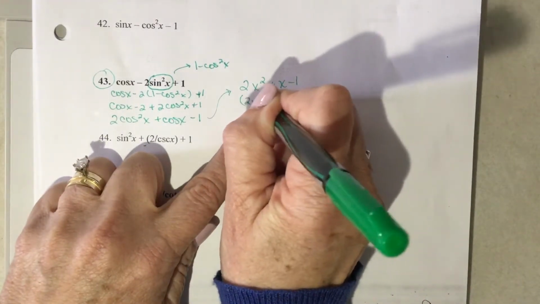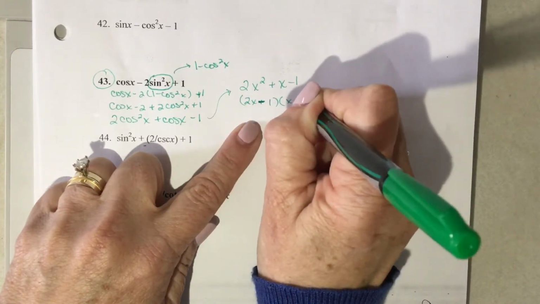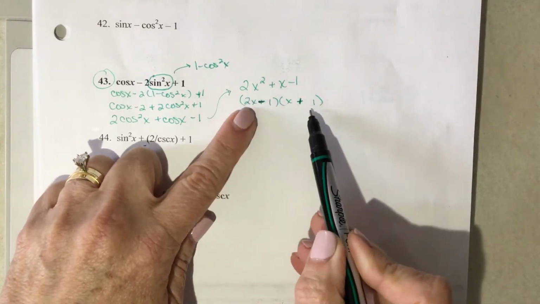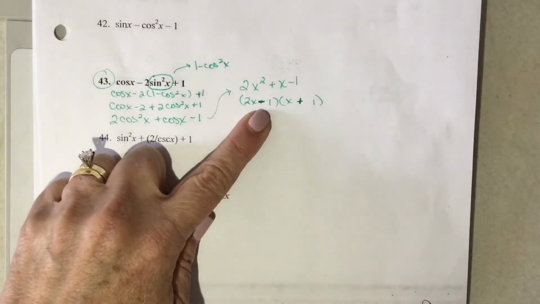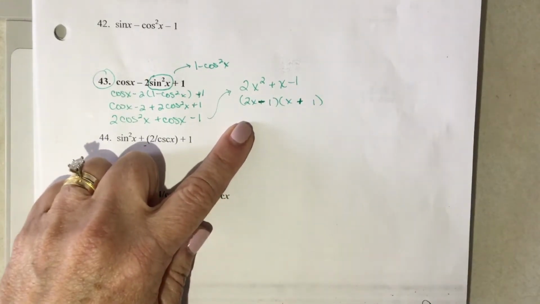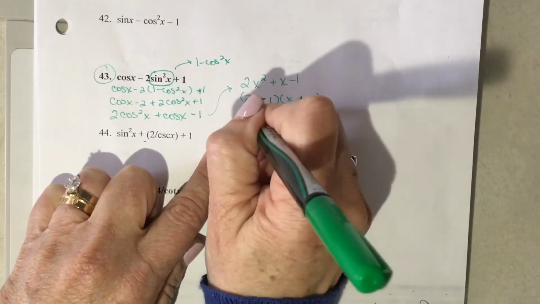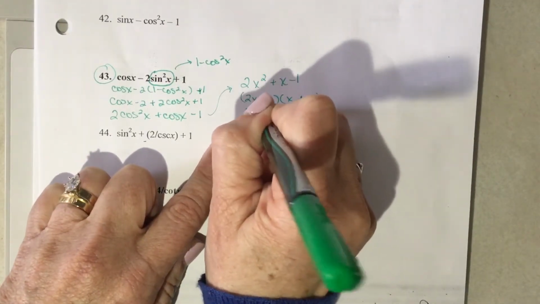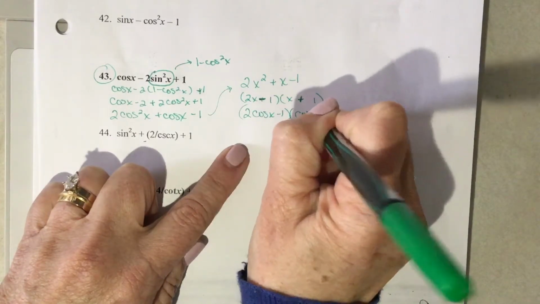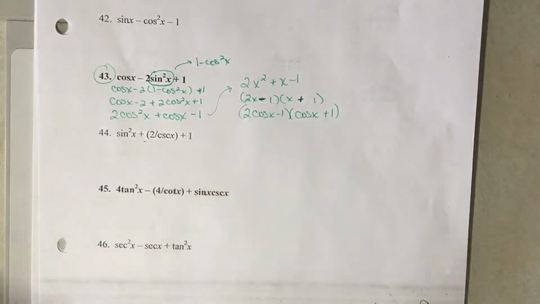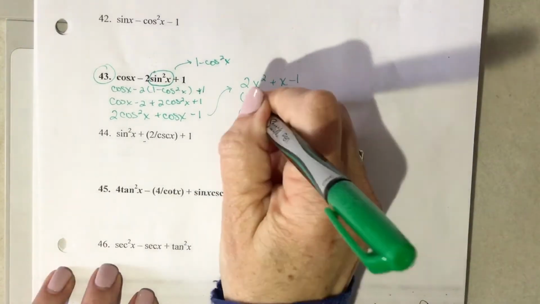So I'm going to flip the sign. This is going to be negative, and this will be positive. So I get 2x minus 1x gives me a positive 1x. And I'm finished, okay? But I want it in terms of cosine, so I'm going to put 2 cosine x minus 1 times cosine x plus 1. And that's my final answer.